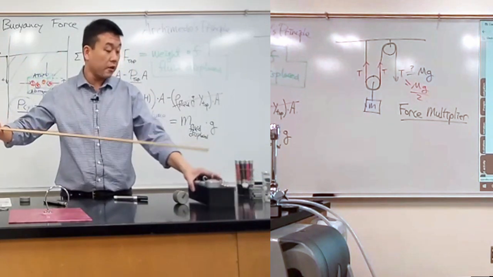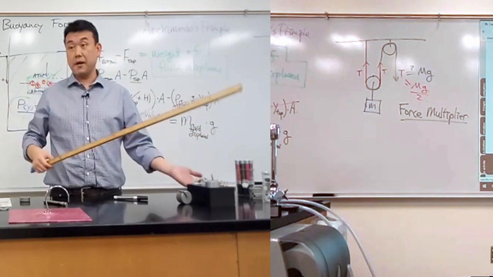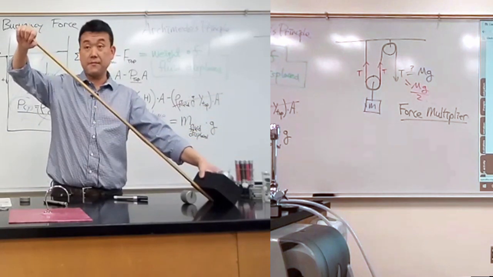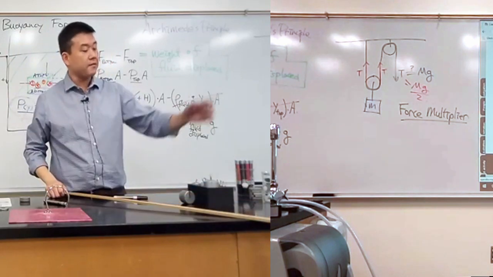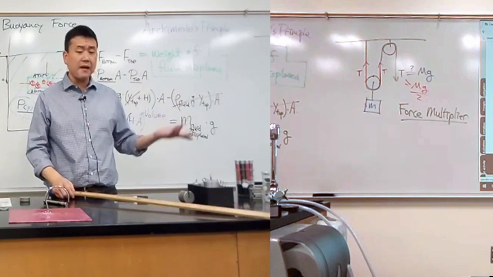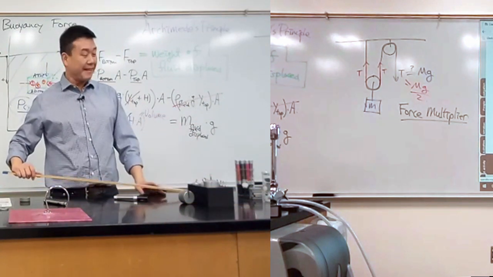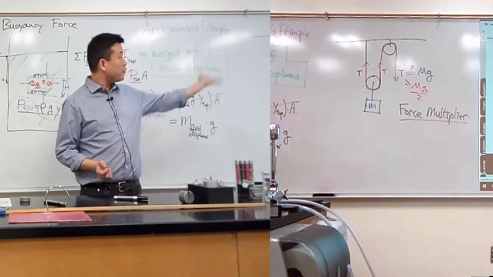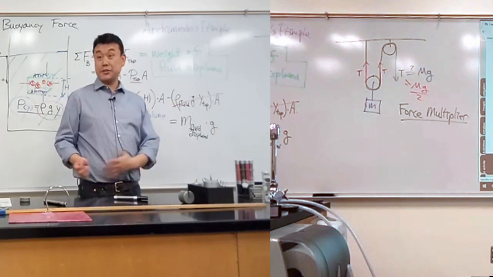So if I'm multiplying my force by a factor of 10, then my distance goes down by a factor of 10, so that the amount of work you get out at this end is the same as the amount of work you put in here. It's the same thing with the jack, the ramps, any kind of simple machine arrangement that you would have seen. And the reason I'm bringing up all of this is that fluid actually gives you one more arrangement for a simple machine.